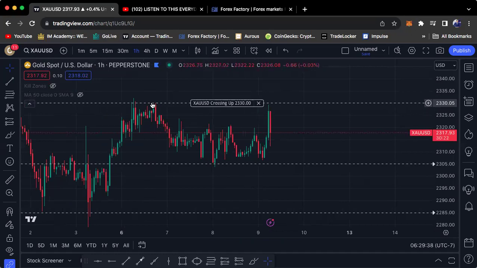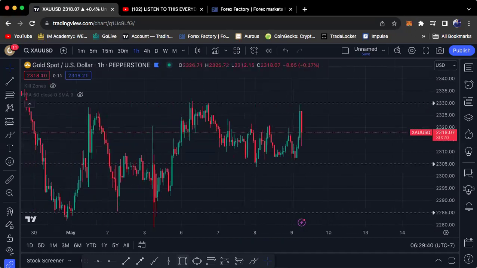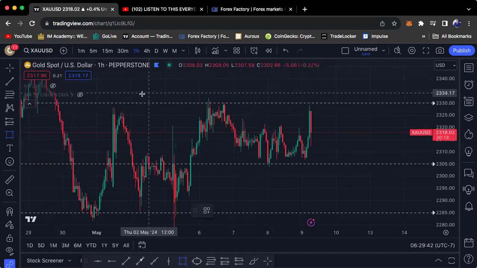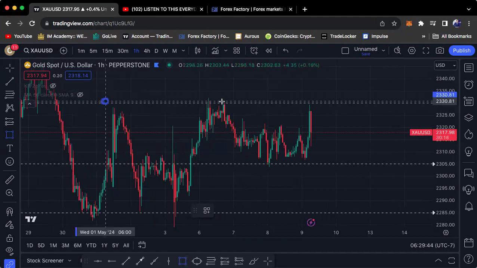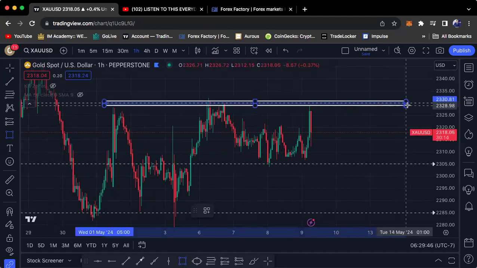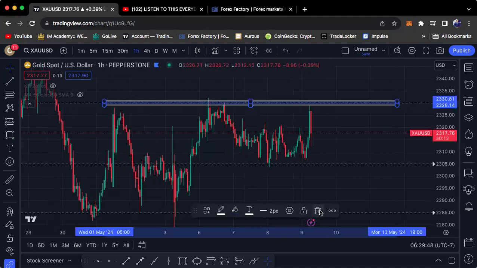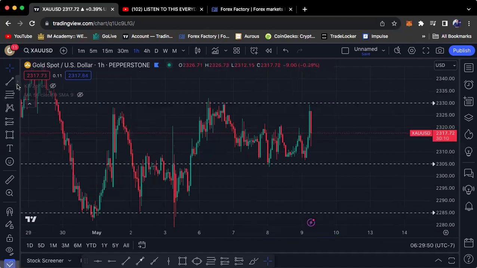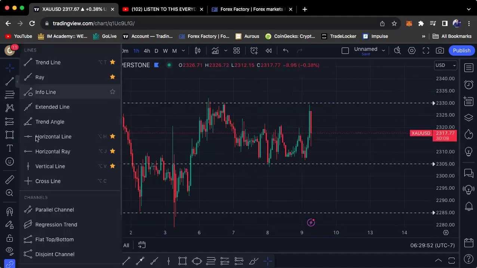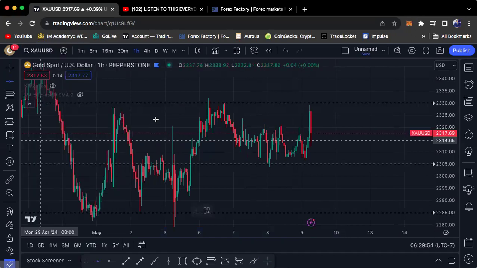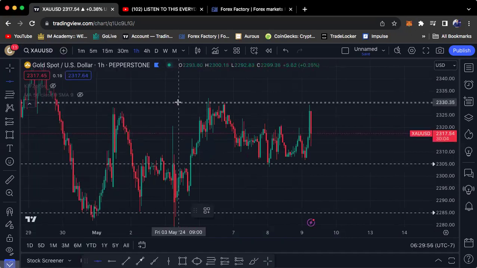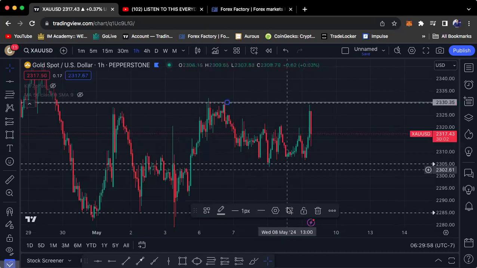Price touched here, 2330. Okay. It created a resistance here. See, this is resistance. Actually, I'm gonna get my horizontal line. I go to the nearest whole number, 2330.